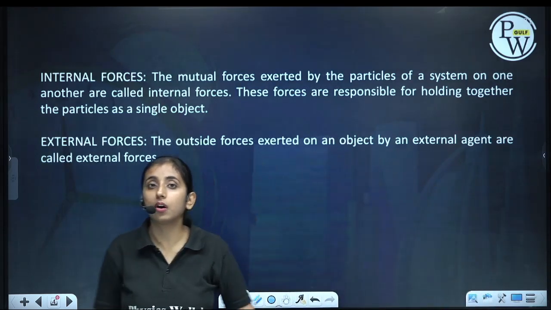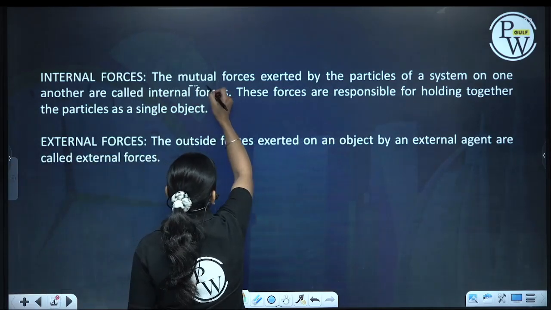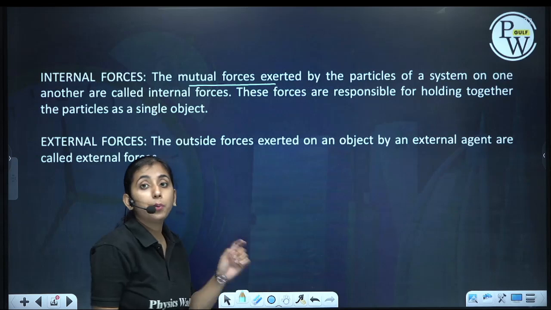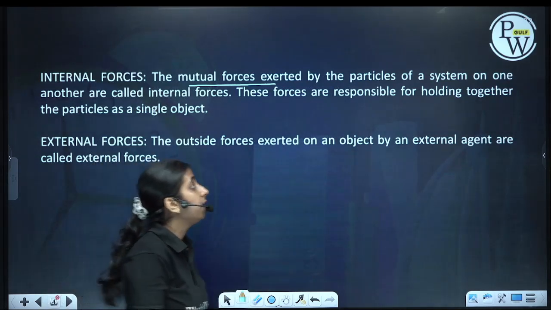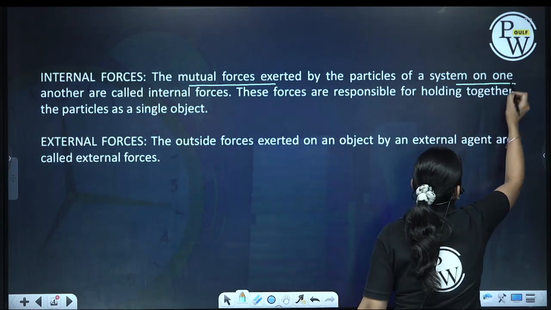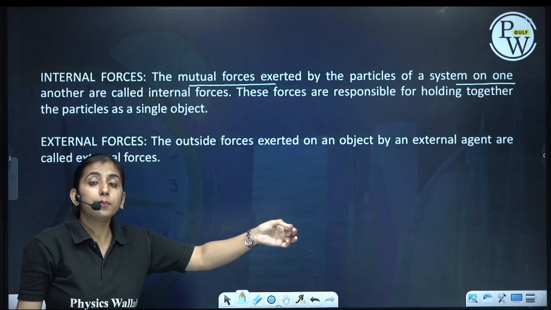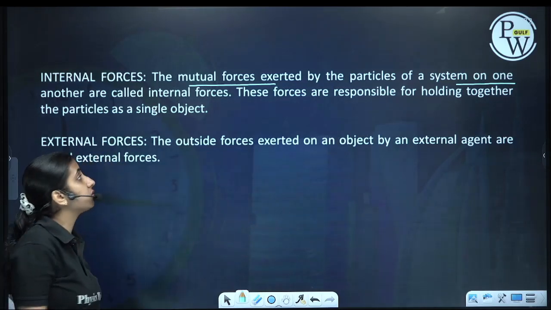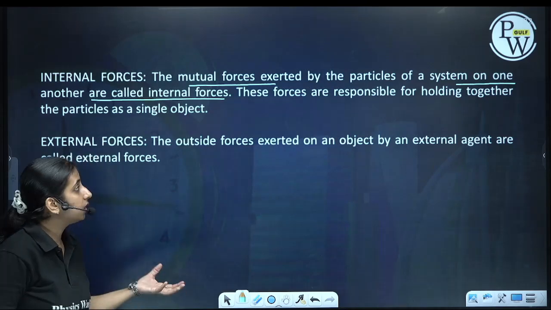The mutual forces exerted by the particles of a system on one another, okay. When we have one particle of a system which is exerting force on the other particle of system, that force is called internal force, okay.